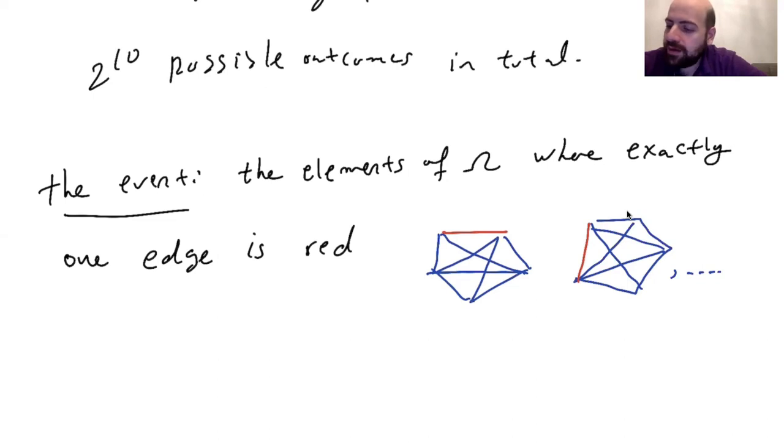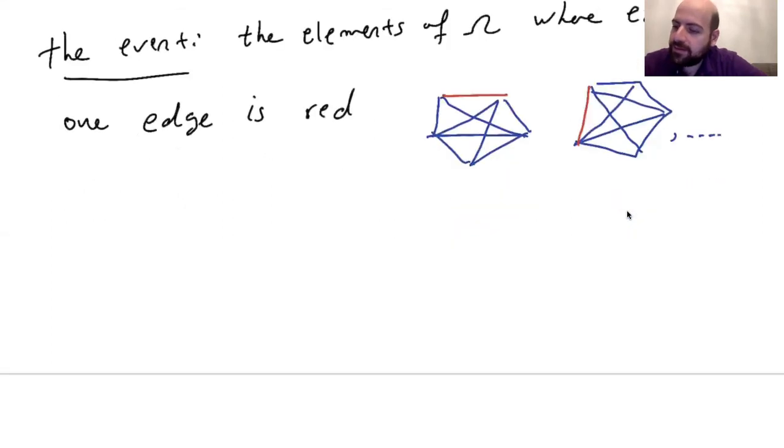Okay, so how many elements are there in this event? This event includes how many elements? So see, I have 10 edges in total.